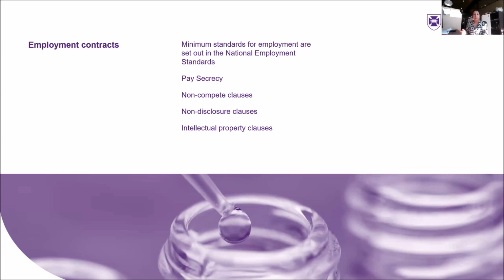So all employees are covered by the National Employment Standards, whether or not they have signed a contract. I've included pay secrecy here, as this is a relatively recent change that is quite interesting. As of the end of December 2022, the rules around this have changed, and any pay secrecy terms included in contracts no longer have effect and won't be enforced. But that is for contracts made after 7 December 2022.